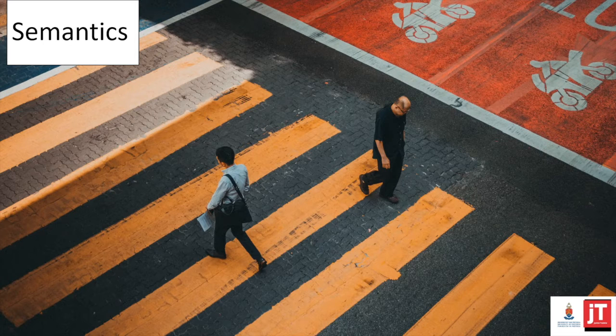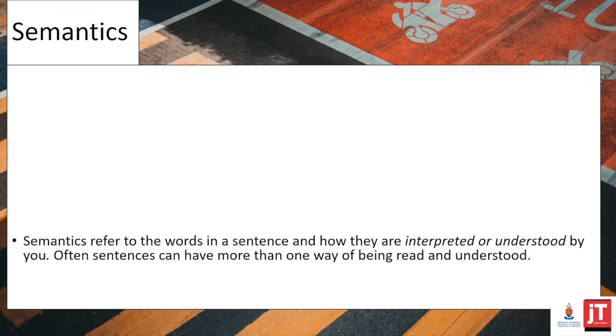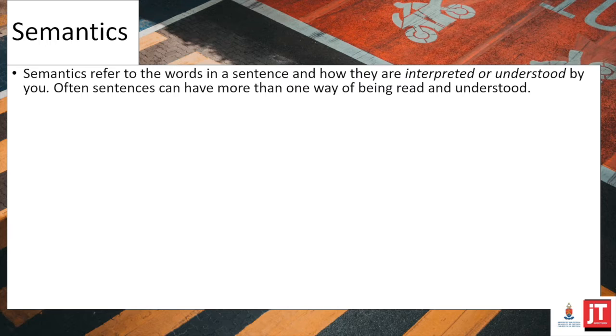Okay, so now we know that syntax is the actual arrangement of words in a sentence. So what are semantics? What are we talking about with semantics? Okay, well, sometimes people are just not on the same page. So semantics is when the syntax is correct, but it refers to the words in a sentence and how they are interpreted or understood by you.